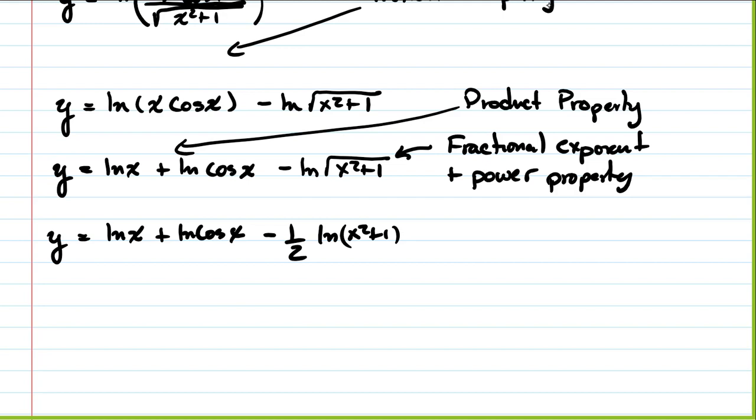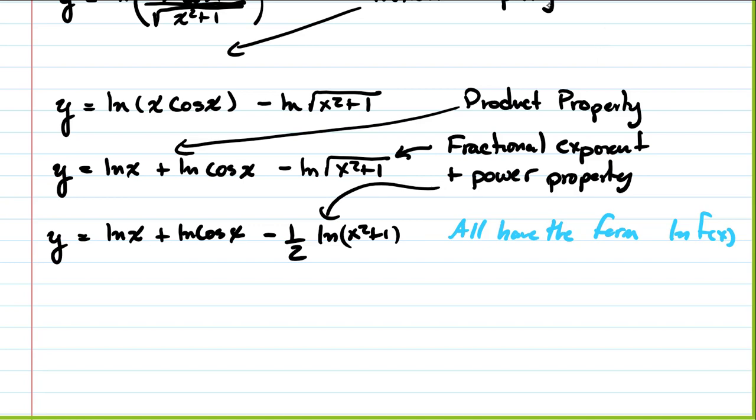So this is all algebra, right? We haven't done any calculus yet, but now we'll notice all of these are of the form ln of f of x, which we have a nice rule for taking the derivative, right?